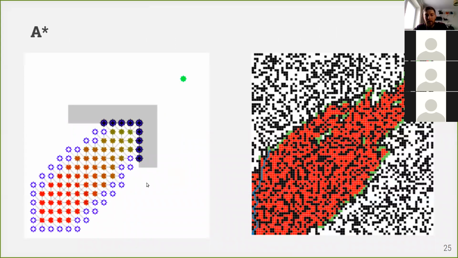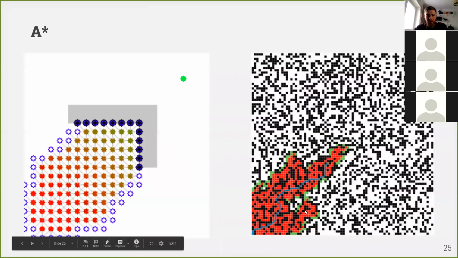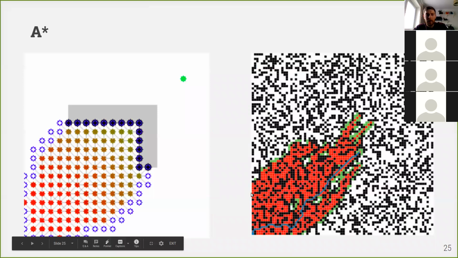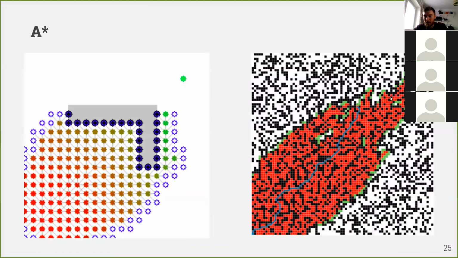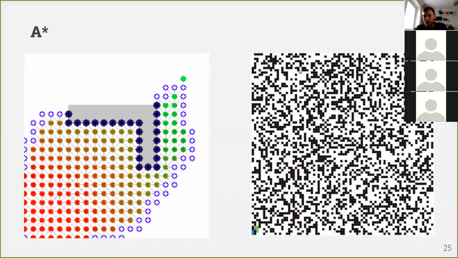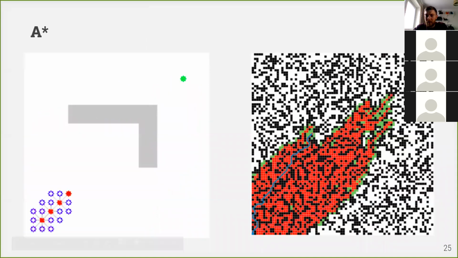And the path is optimal if we satisfy this condition on the heuristic. So A star is guaranteed to find the optimal path. Here you can see a complex environment, and there are many cells we didn't even consider, and it is good because that means that we found our path really fast.